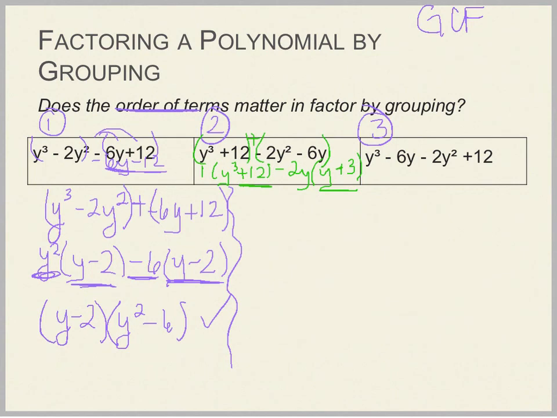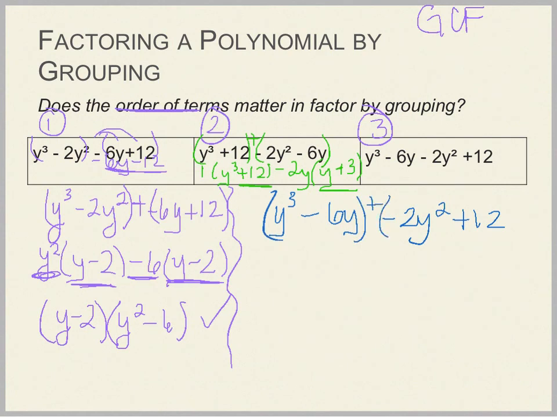So let's look at example 3 then. Is this saying that, yes, order of terms absolutely matters in factor by grouping? Well, example 3 again has the similar terms of y cubed minus 6y minus 2y squared plus 12. I'm going to group my first two terms, sneak that addition sign in because I see that my third term is negative, and recognize that I have not changed this problem.